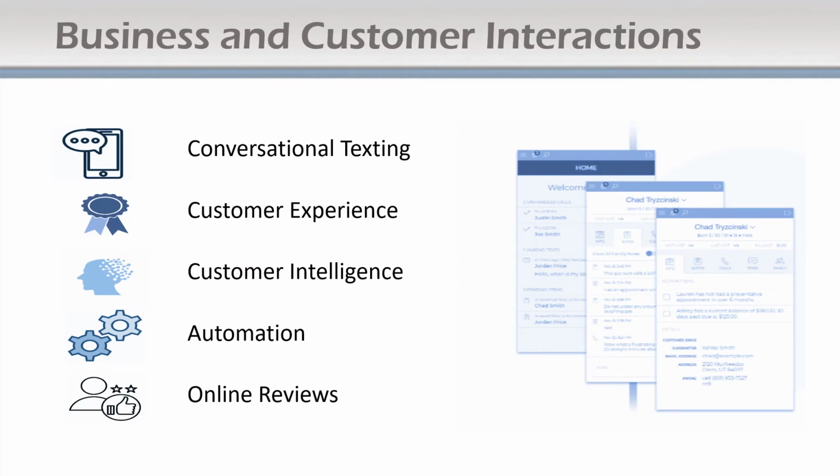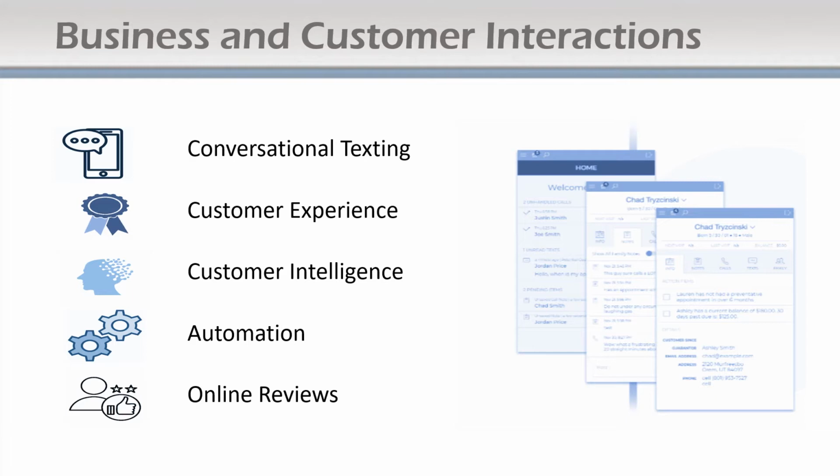So the way Callpop works is really pretty cool. When a call comes in, it identifies that customer or business and provides information right on your screen about that customer, and we'll talk more about what those things are. But then it allows communication to occur in a number of ways. One, they can of course answer a telephone, but they can also do conversational texting.